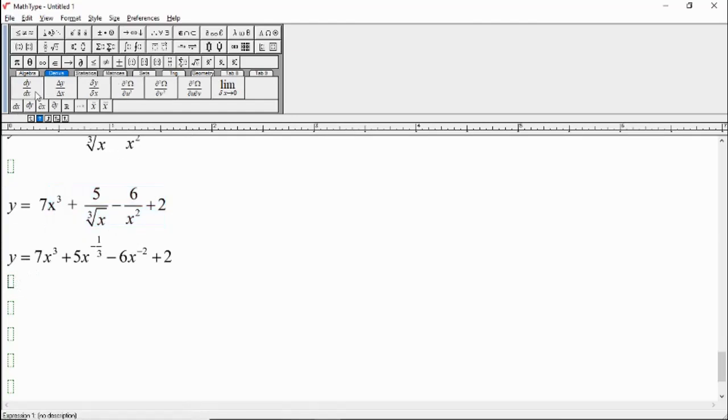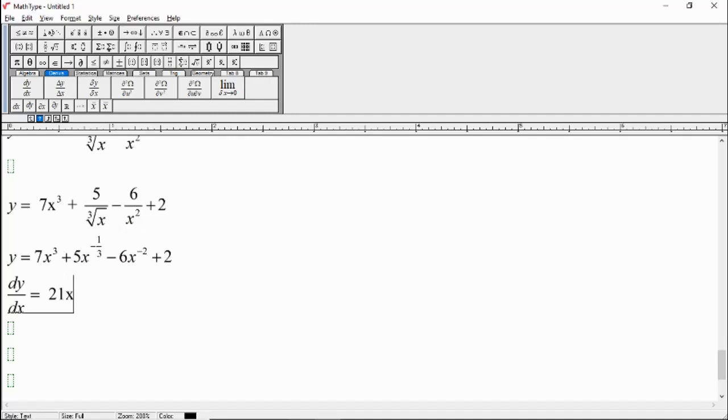Let's deal with the first term. dy by dx. So 7x cubed differentiated: multiply by the power, and then subtract the power by 1. So 7 multiplied by 3 is 21, x cubed, so to the power of 3 is 21x.